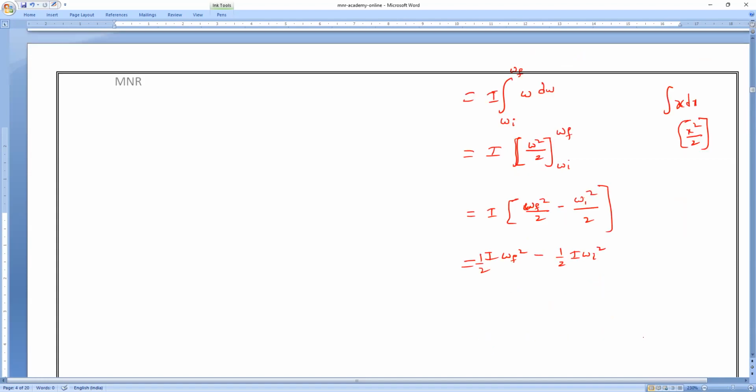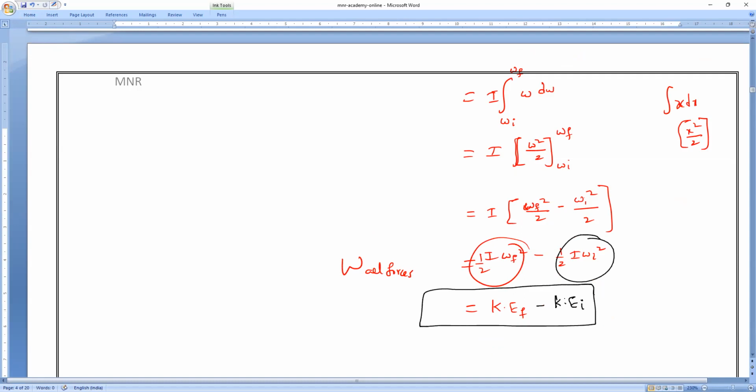So what is this actually? Work done by all the forces, which is equal to what, guys? Final kinetic energy minus initial kinetic energy. Will you all agree with me, everybody? Yes, please.